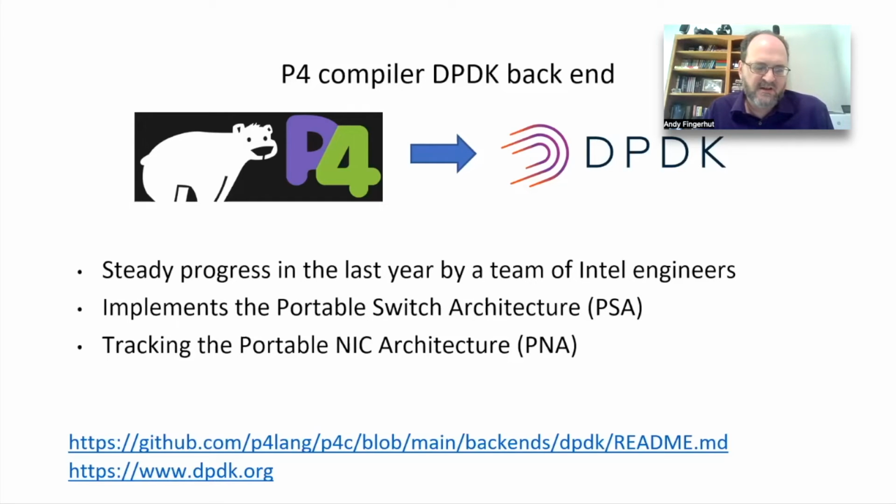This project was started more than a year ago, but significant in the last year has been very steady progress of completing the implementation of all the portable switch architecture features. And they are also tracking changes and updates from the portable NIC architecture specification as those are made.